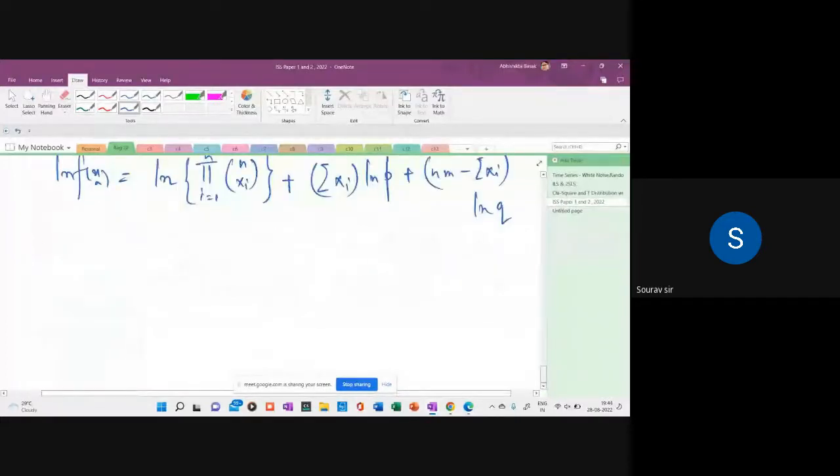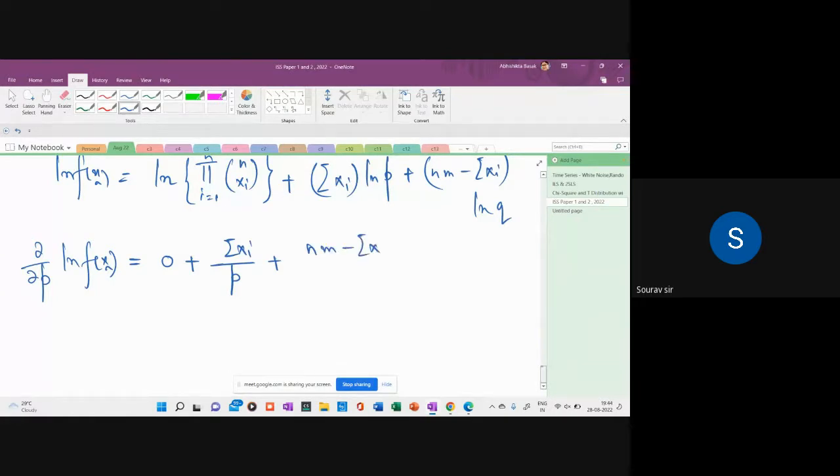Okay, next we will take the first derivative of this with respect to p. With respect to p, the first term gives me 0. The next gives me summation xi by p. Then this is nm minus summation xi, and in this line I am changing q to 1 minus p, so it is 1 minus p, into minus 1.